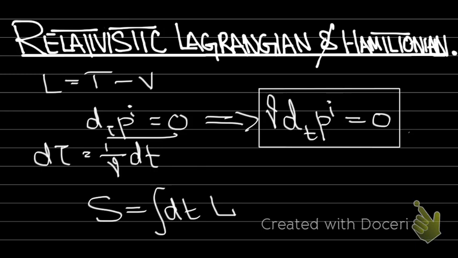Okay, so just for some ordinary purposes, let's check the dimensions of this action. We know that the dimensions of the Lagrangian are those of energy, and then we have this t. So the dimensions of my action are energy times time.